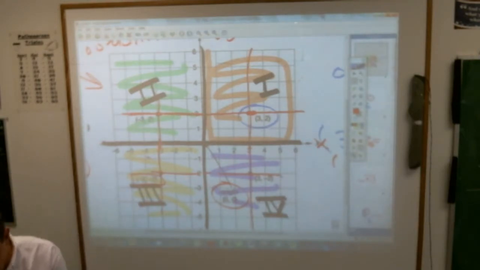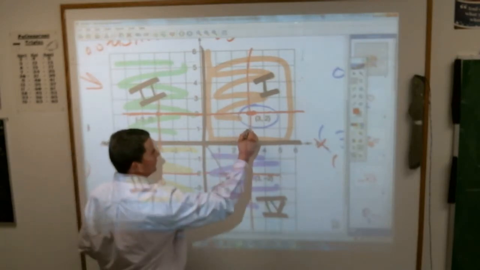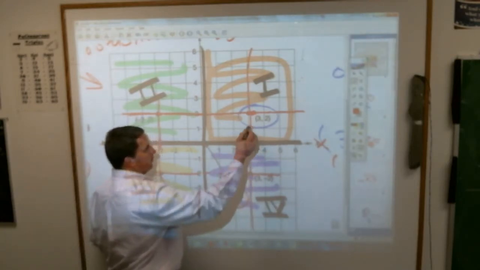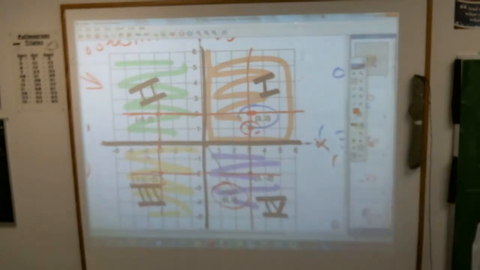Just to make sure we're all on the same page, number 1 says, what are the coordinates of point A? If you look at point A, it's right here. What are the coordinates of that point? If you get things wrong, it's because you don't put them in the right order.